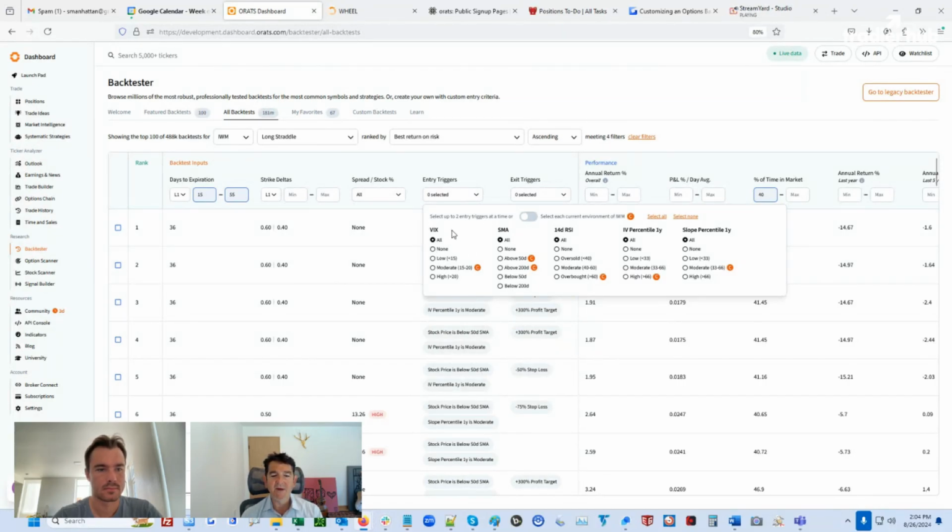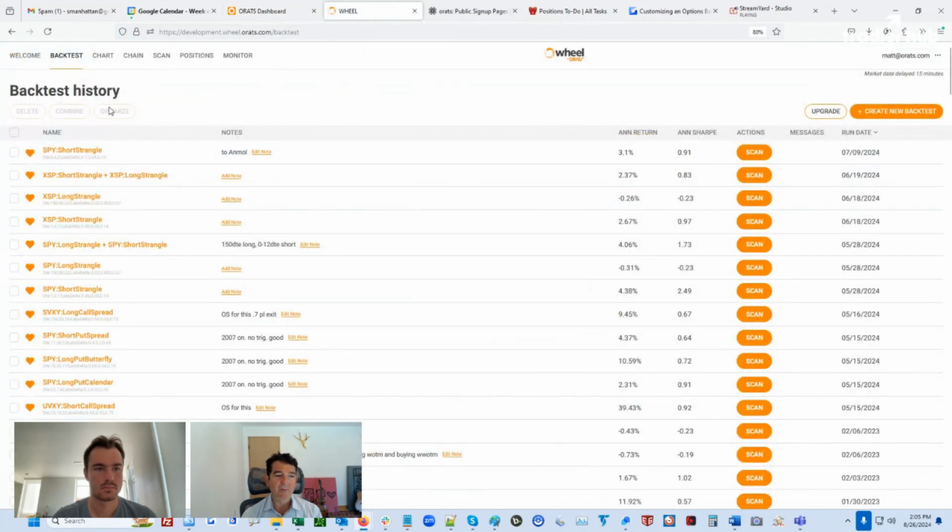The problem with this is as you're running it, it goes up exponentially. So the number of tests, we have had to constrain how many of these we could use. But as Tyler was saying, we also have a legacy backtester. So if you click here, then the legacy backtester pops up.